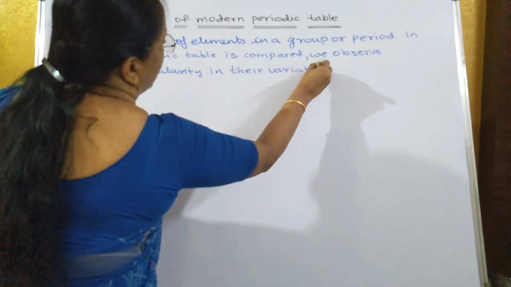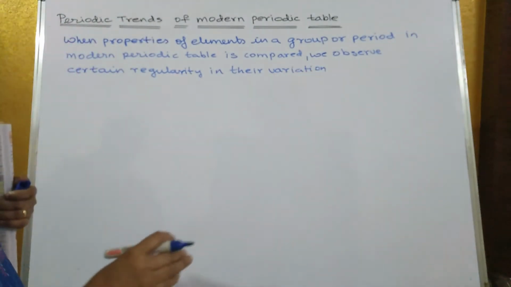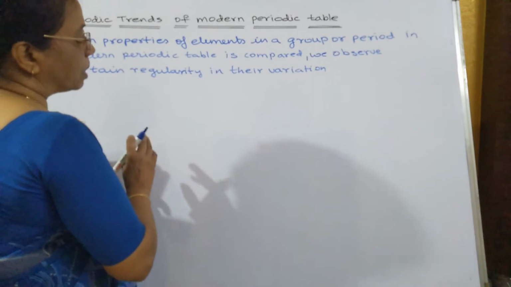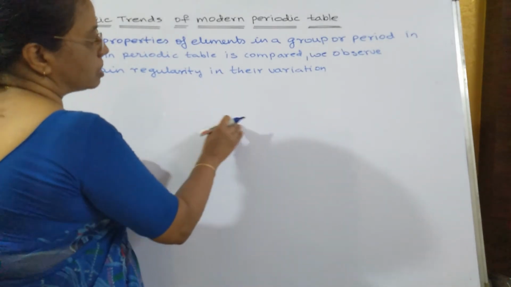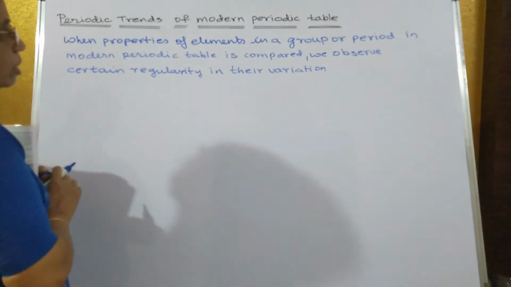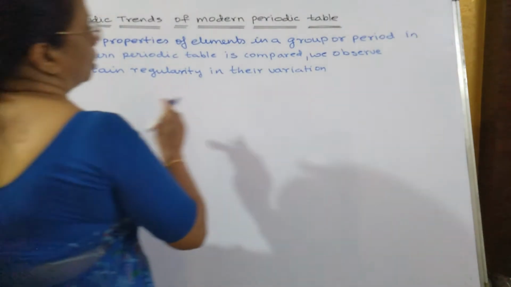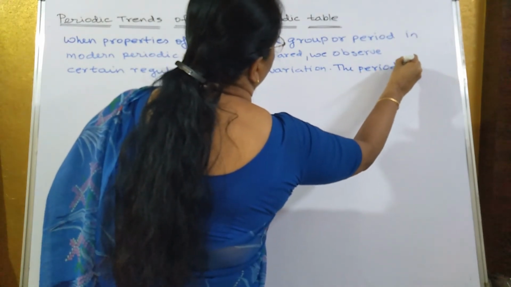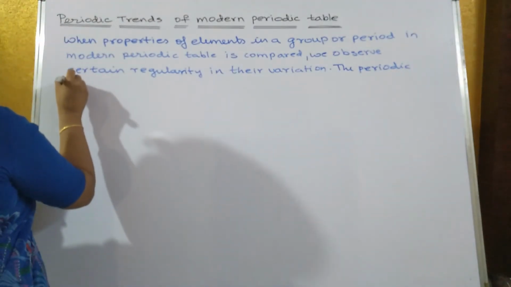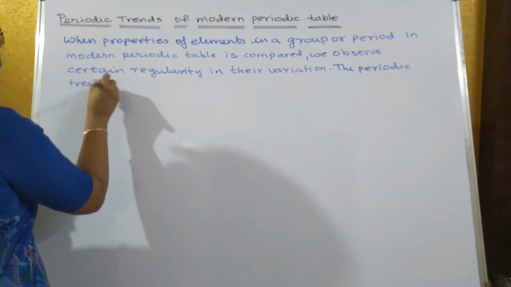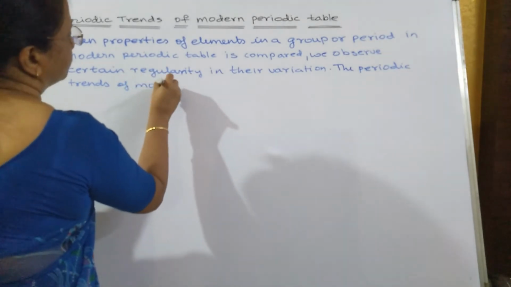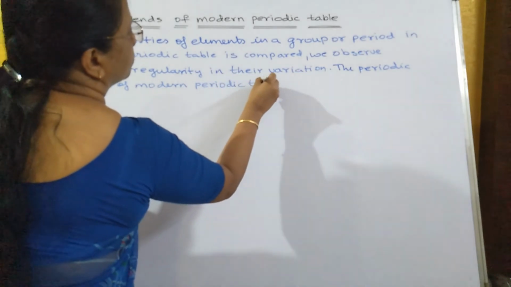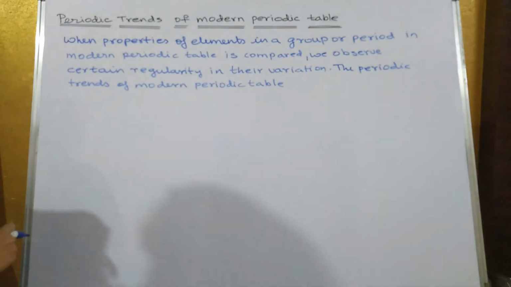So when you study any properties of elements in a group or period and compare them, there is a lot of variation among them, but the variation has regularity. Either it increases with a regular variation or it decreases with a regular variation. So this is known as the periodic trends of the modern periodic table.